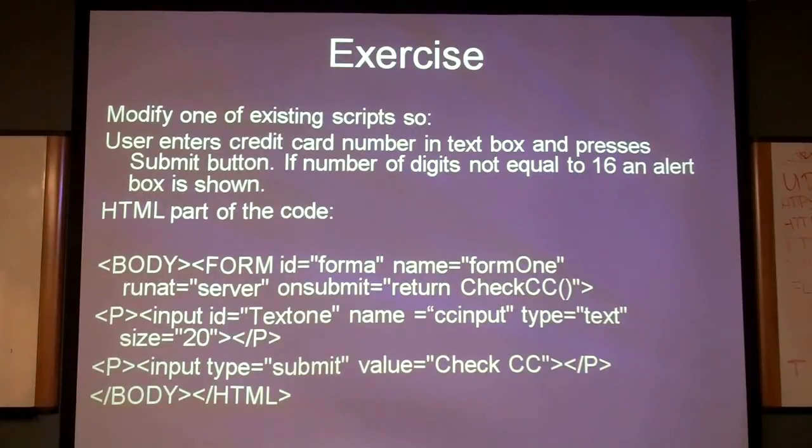Then essentially you have to create code which will validate the credit card number. It will check if the length of the credit card number entered is less than 16 or not equal to 16. In that case, it should show the alert box. Let's do that. That will be very basic validation of the credit card.